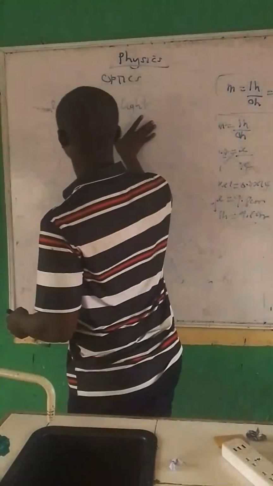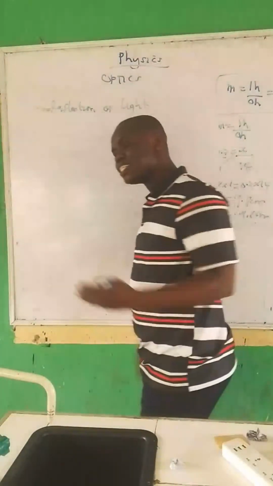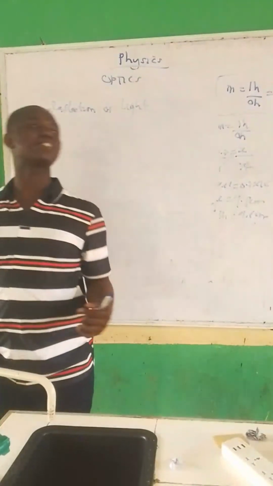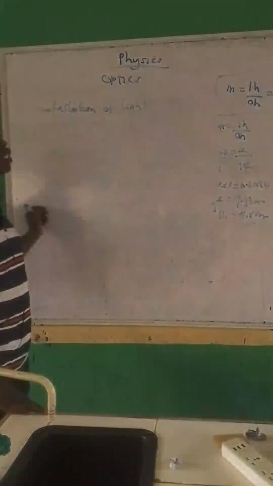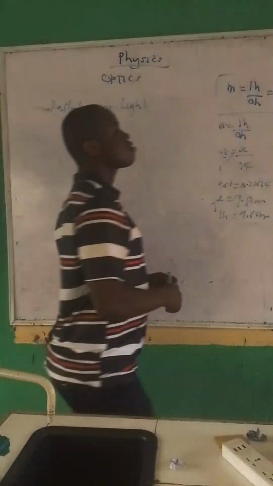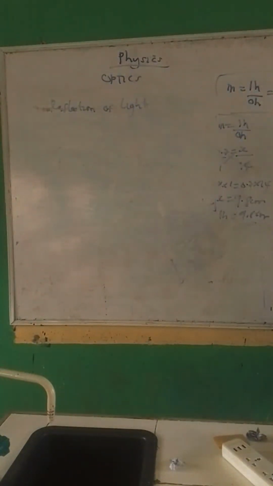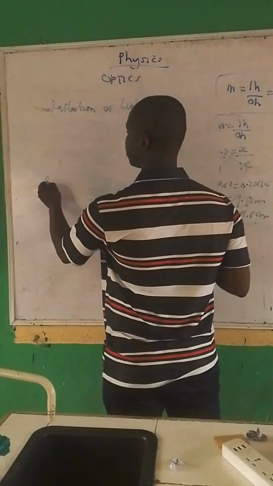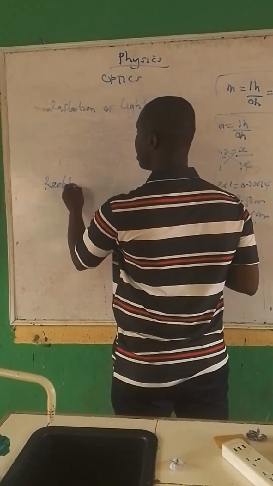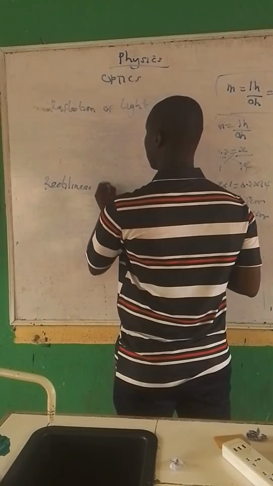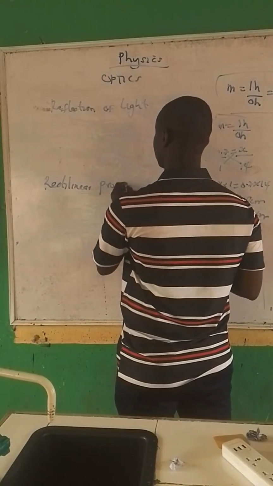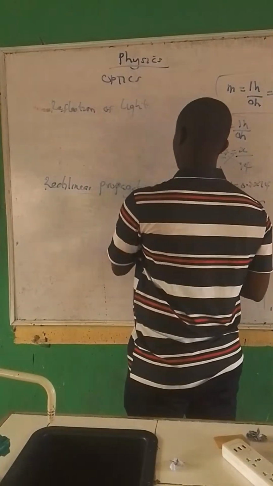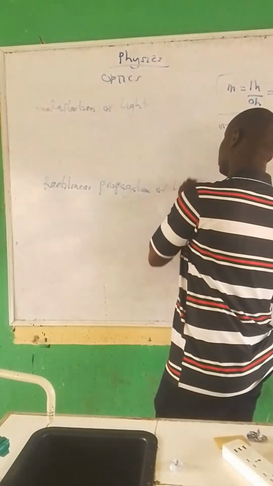So, reflection of light is a sudden change in the direction of light when it strikes an obstacle through which it cannot pass. Now, before I move on to the reflection of light, there's what is called rectilinear propagation of light.